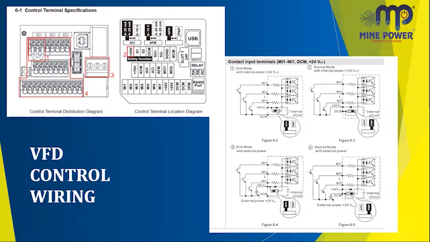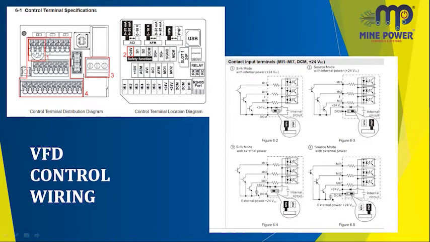Right side below, you see the contact input terminals: M1, M2, M3, M7. There are two types of mode used in the VFD drive: sink mode and source mode. In sink mode, DCM is taken as the common for the input and 24 volt is used for switching.